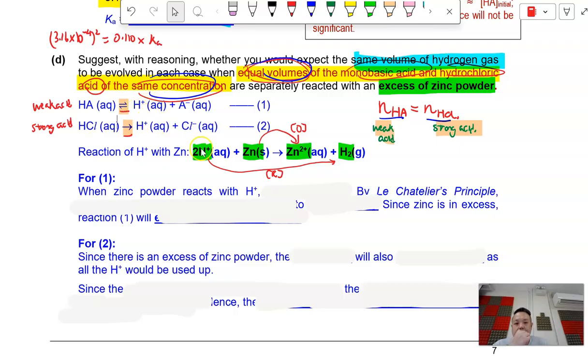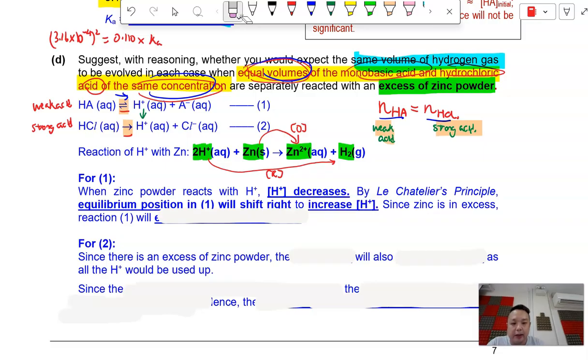But if you think about it, when your zinc is added, the zinc reacts with H plus. As a result, your H plus concentration decreases. For a reversible reaction, remember we say that if the concentration of a species in the equilibrium decreases, Le Chatelier's principle kicks in. So when zinc reacts with H plus and it decreases, based on Le Chatelier's principle, the equilibrium position will shift right to produce more H plus, in order to counteract the disturbance and increase H plus concentration.